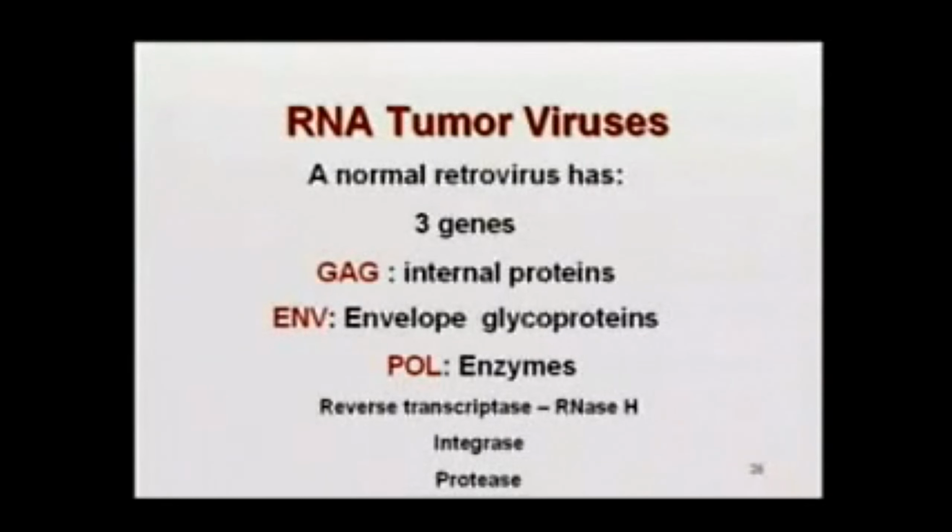But this protease function is absolutely essential to get the single translation product of the pol and the GAG gene into the mature form in the virus. Therefore, this specific protease encoded by the virus is a good target, and it is indeed the target of the protease inhibitors that we'll be talking about later on in the week. So the pol gene, this third gene, contains the enzyme genes: reverse transcriptase, also a ribonuclease H activity, the integrase, and the protease.